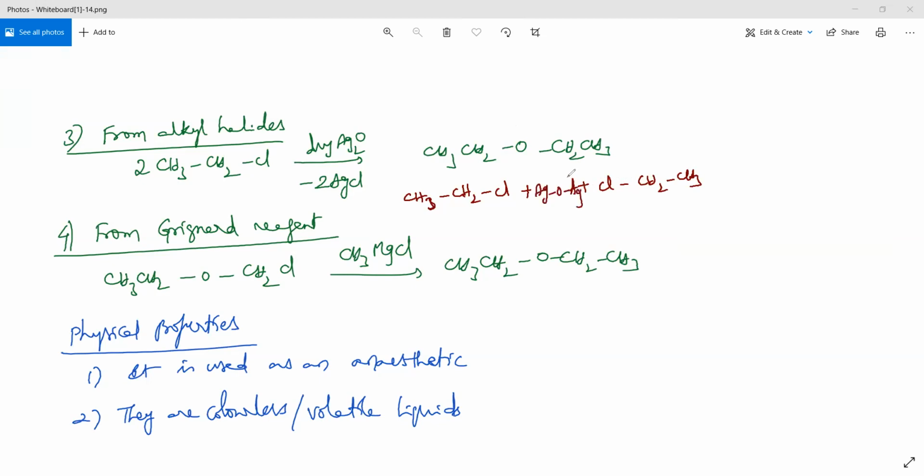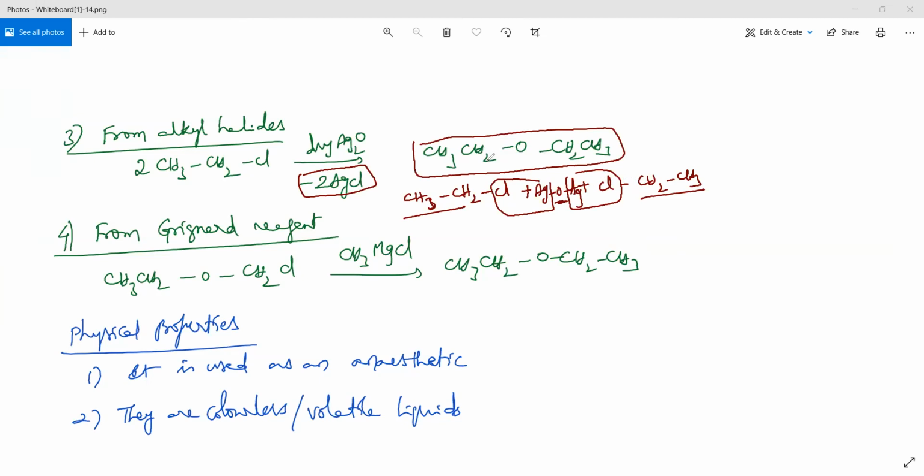Now AgCl here, also AgCl, minus 2 AgCl. Then what is remaining? CH3CH2, O here, and CH2CH3. So we are getting ether. Then from Grignard reagent, CH3CH2O CH2Cl with CH3MgCl, RMgX.